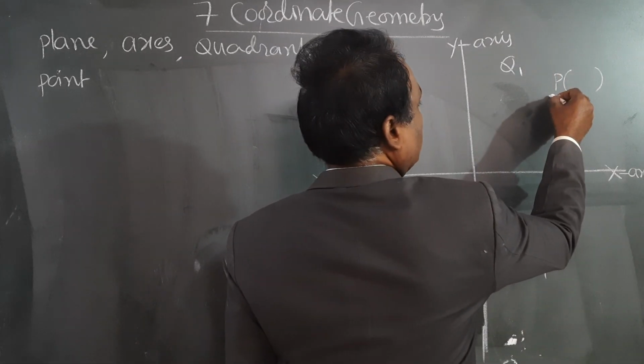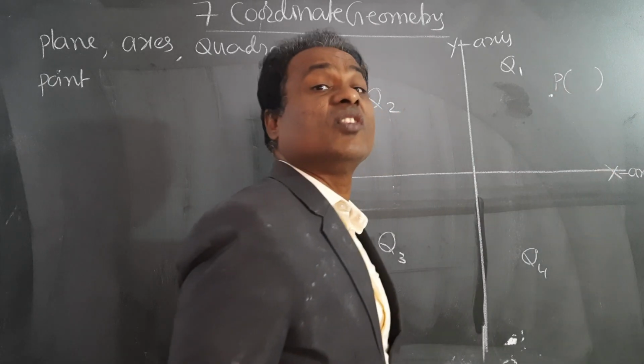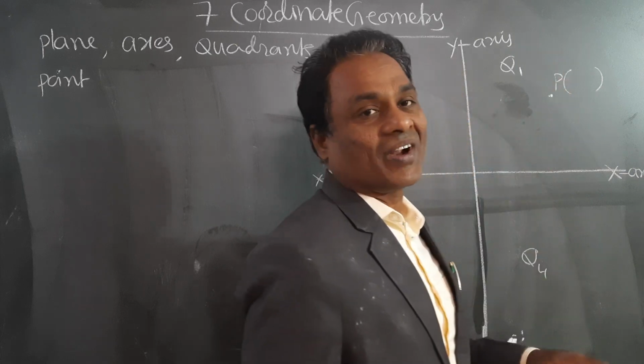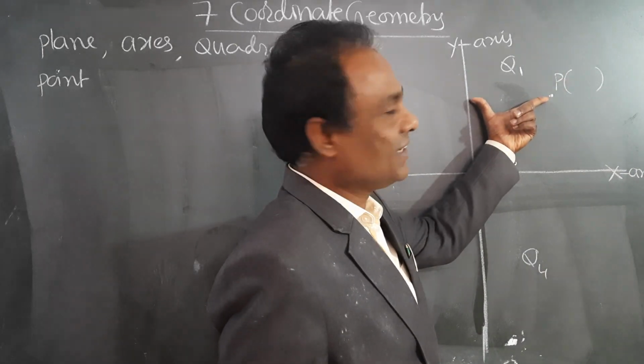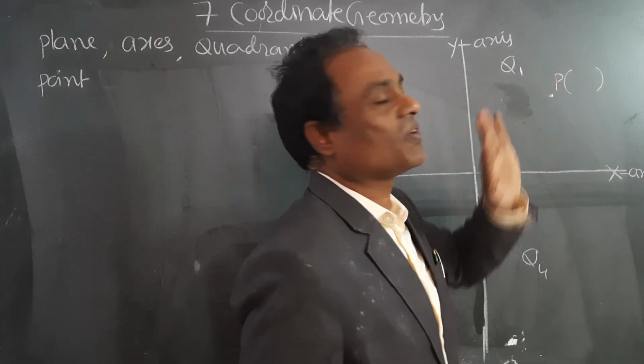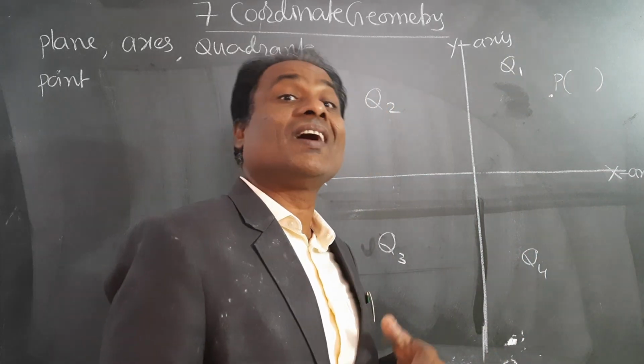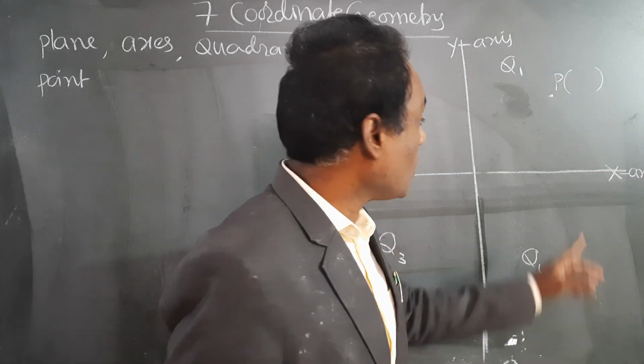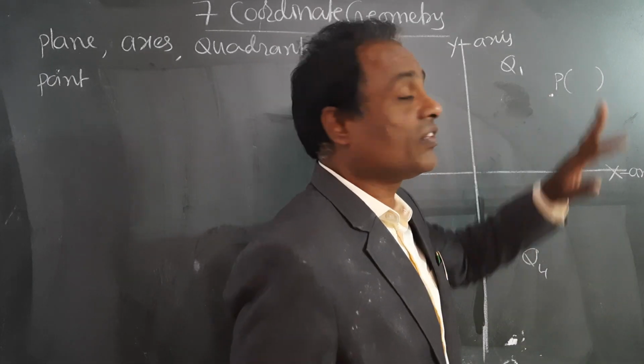Suppose this is the point. What is its x coordinate? This horizontal distance is its x coordinate. Suppose if this is 2 units, then 2 will be the first coordinate. It is also called x coordinate. This horizontal distance becomes the first coordinate. Vertical distance becomes the second coordinate.